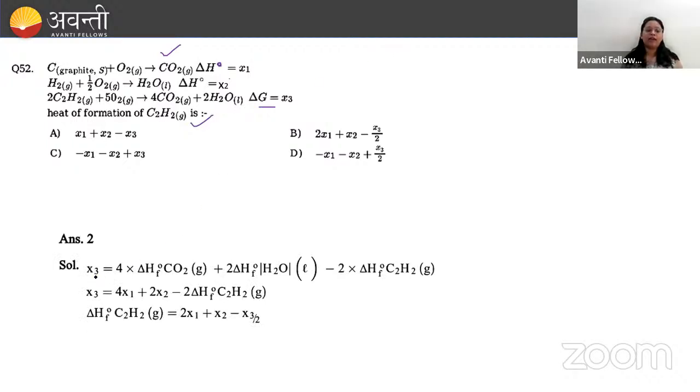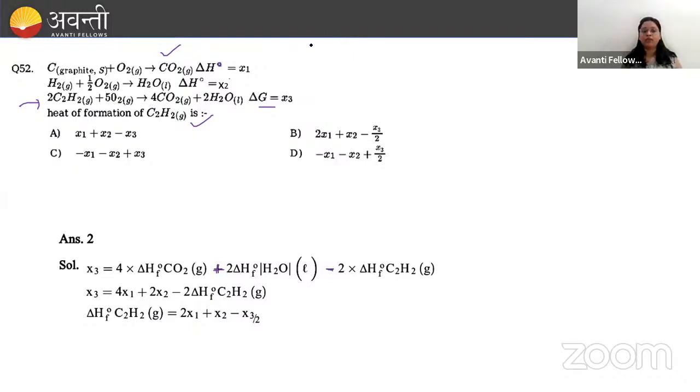In order to calculate that, I have multiplied, I have summed first of all, then subtracted. The reaction here is of C2H2 with oxygen. This is a combustion reaction, one type of combustion reaction of C2H2.